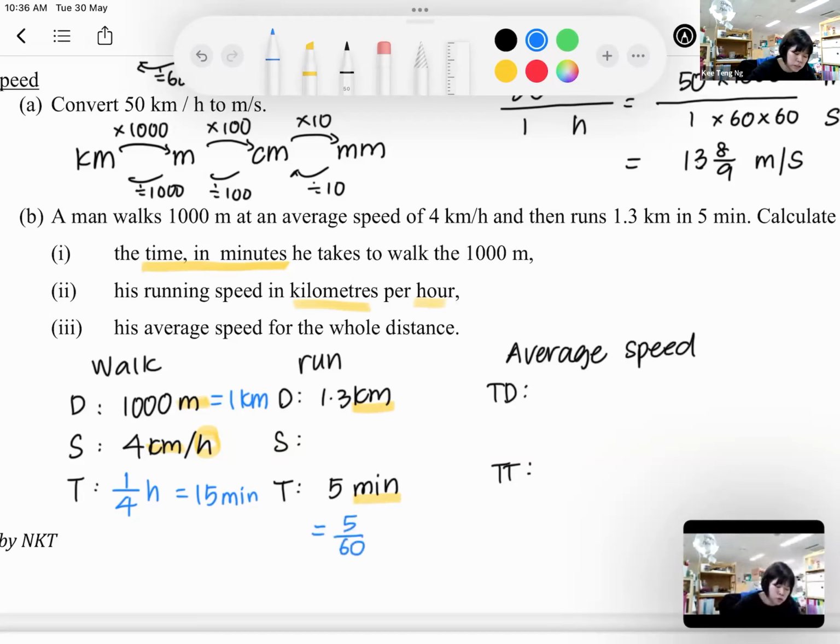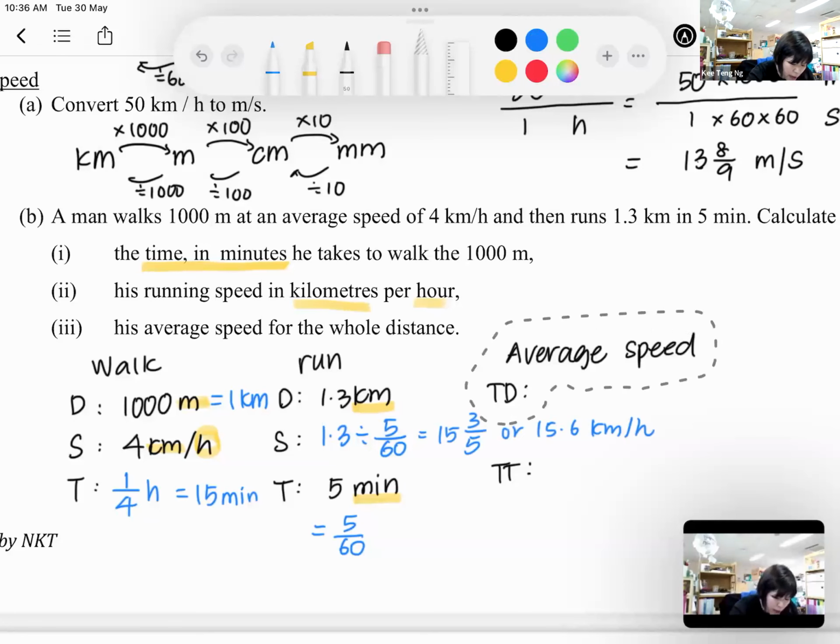Speed equals to distance divided by the time. So since it's a fraction, I'll leave it as like that. 5/60, I don't bother to calculate. Then I will use my exact answer, 15 3/5, or in this case, 15.6 kilometer per hour. Okay, next one.